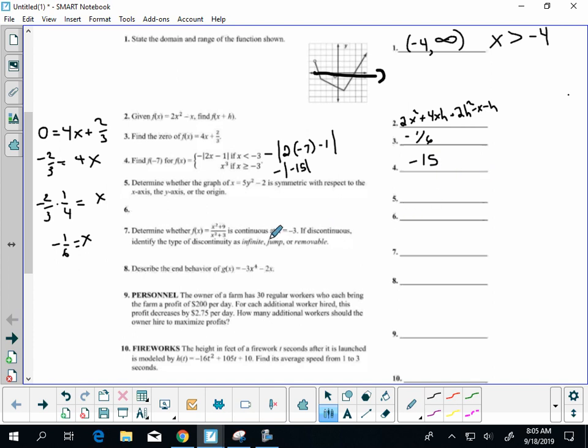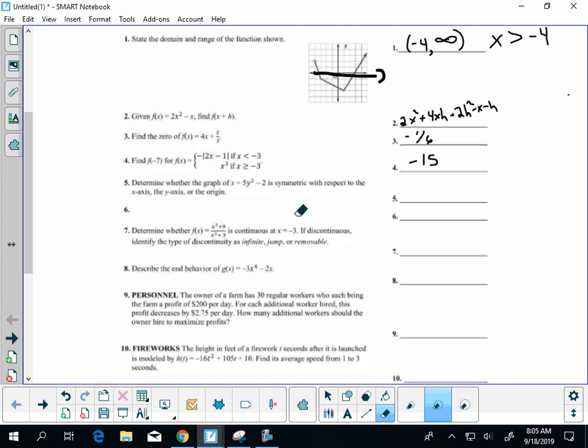All right, on number 5. That is when you want to determine whether the graph is symmetric with respect to the x, the y, or the origin. To test if it's symmetric with the x, you're going to let y equal -y.